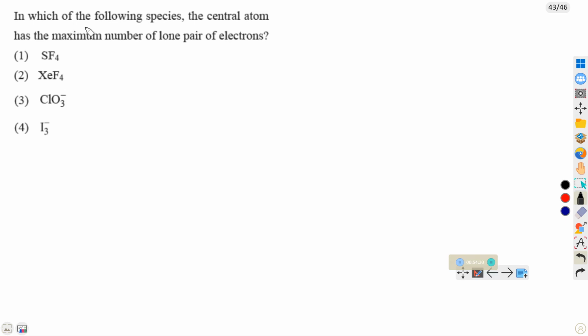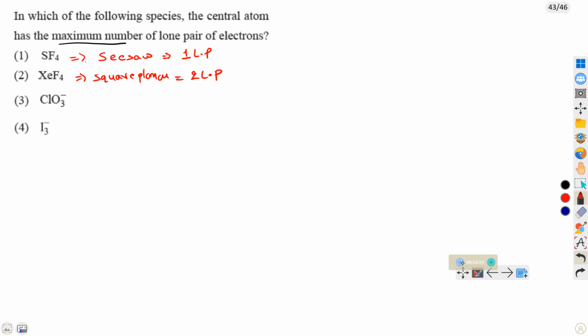In which of the following species does the central atom have the maximum number of lone pairs of electrons? SF4 has seesaw geometry, only one lone pair is present. XeF4 is square planar, two lone pairs are present.